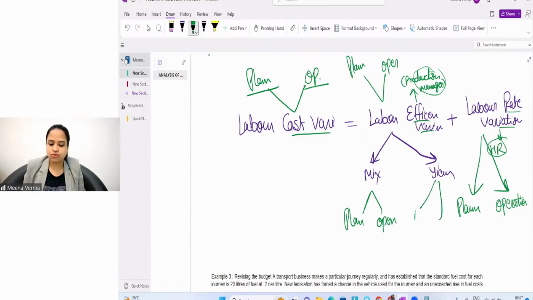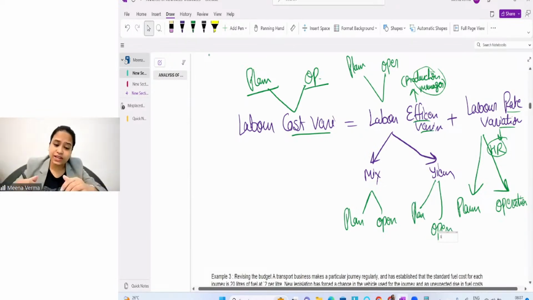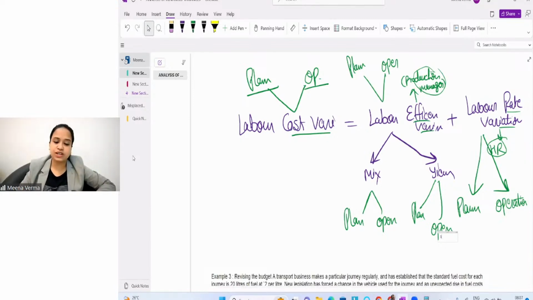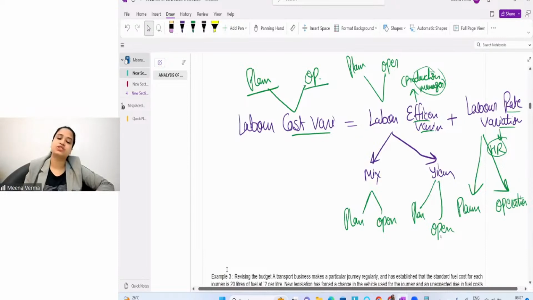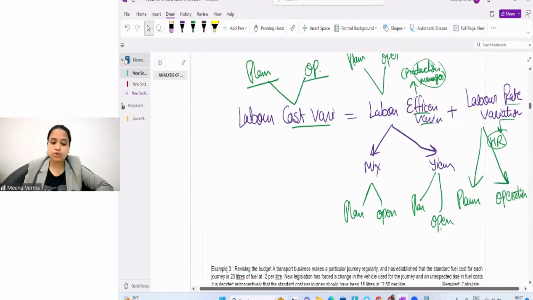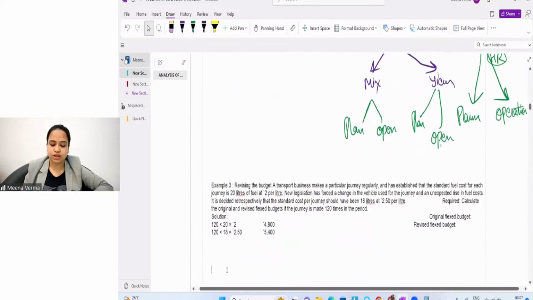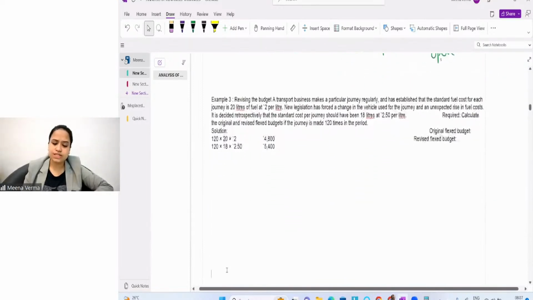Then this variation, fault in planning and operation. So we will study this variation more in detail, you can see. Because it is not just the operational level manager, but the strategic level manager is also responsible. So we want to know how much they are responsible, what are their responsibilities. We will study it more in detail.